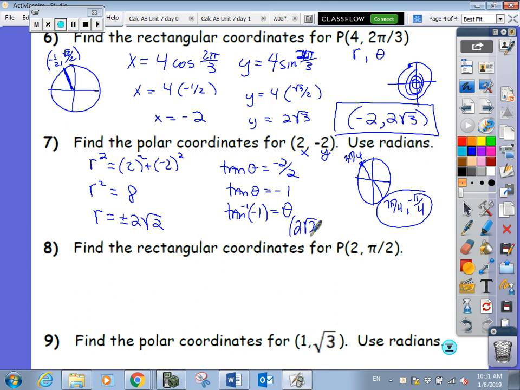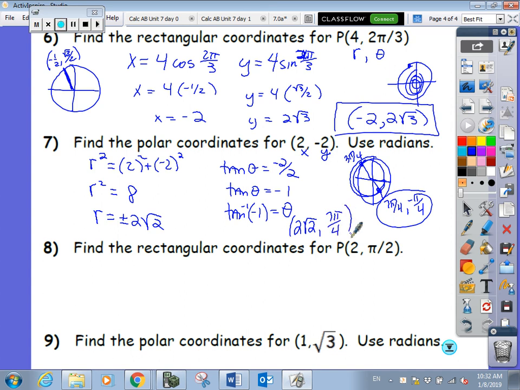So if I go out 2 root 2, could I go around or down? Could I do either one? Yeah. Could I get to that point if I go in a positive direction and get to 7 pi over 4? Or could I get to that point if I go negative pi over 4? Either one works. Doesn't matter which one you like.